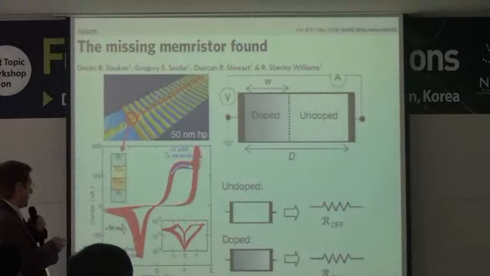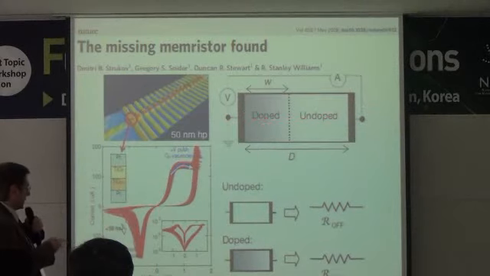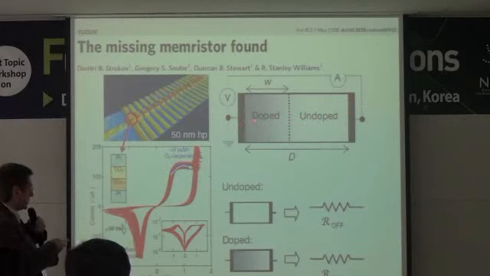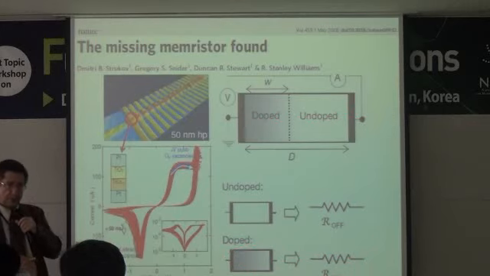If the current is flowing in this direction, then these ions move to the undoped area and build a bridge between the two electrodes, and then we have the on state of the memristor, which has a low resistance.